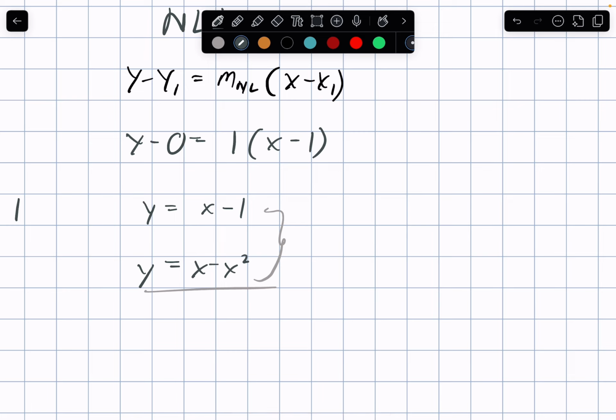Or no. We can't. I don't think it's appropriate to use the elimination method or substitution method here. Since both of these are equal to y, we can just equate them. So we'll get something like this. So x is equal to plus minus 1.